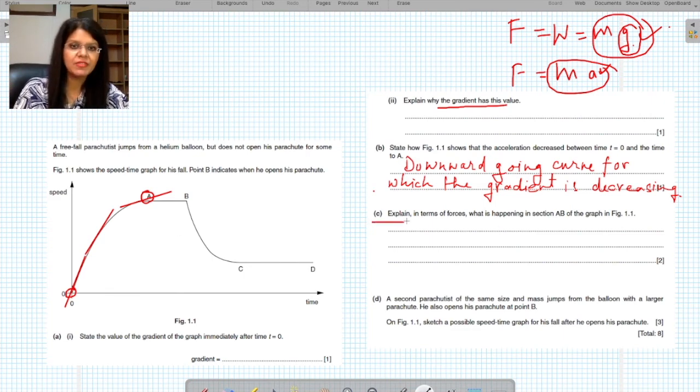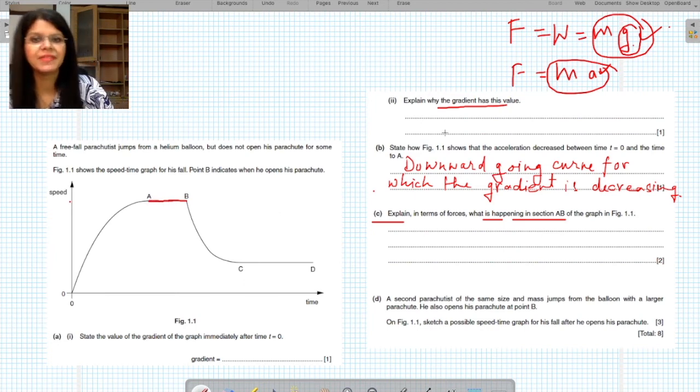Explain in terms of forces what is happening in the section AB. What is happening in the section AB? Constant speed. If you see, the speed has become constant. So what do you say? You say speed has become constant.